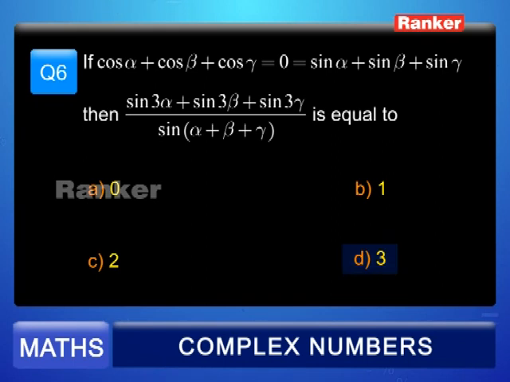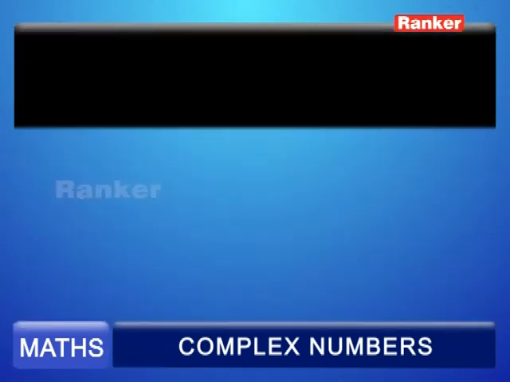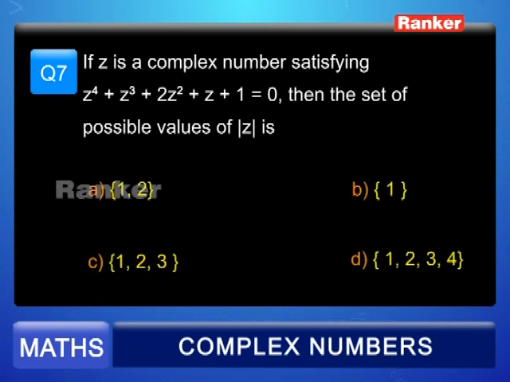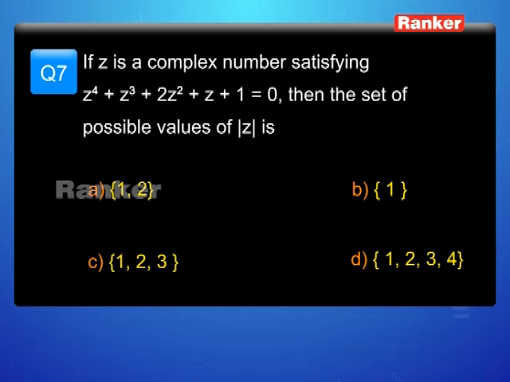That is the question. The next question before us is question number 7. In this question, he is giving us z as a complex number satisfying the equation z power 4 plus z cube plus 2z square plus z plus 1 is equal to 0.